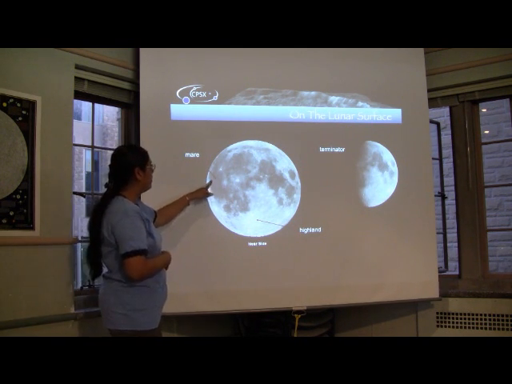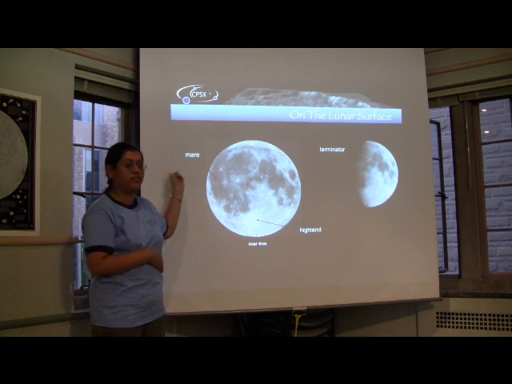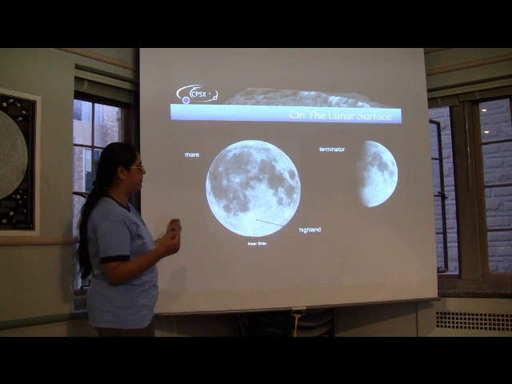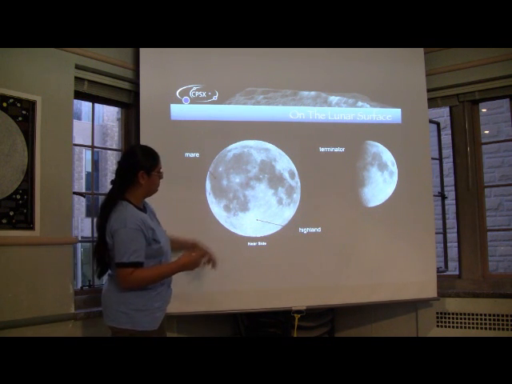The darker ones are what we call mare regions, but they're essentially volcanic features that have filled in these spots.